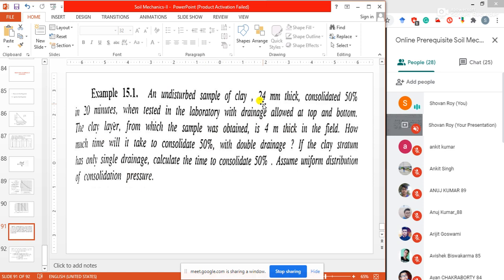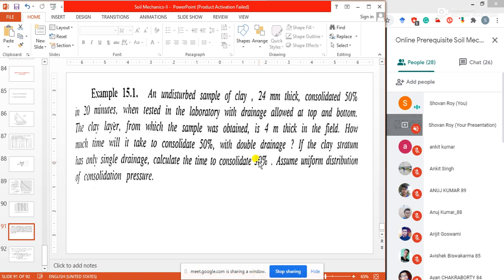Another question is, if the clay stratum has only single drainage. Single drainage means drainage is allowed at top or at bottom, not from both sides. Only top or only bottom side drainage is allowed, then we can say single drainage. And double drainage is when, in our laboratory test, you have seen our sample is surrounded by some ring.